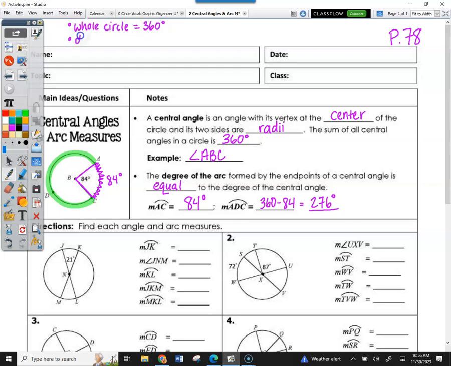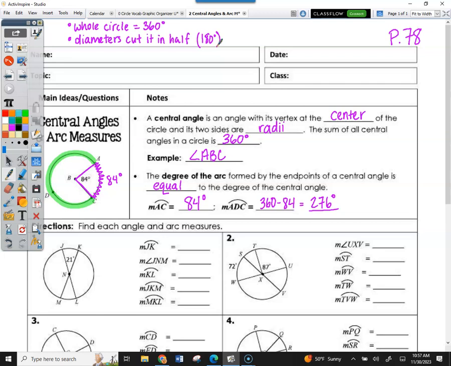Number 2, diameters cut it in half. What number is associated with cutting 360 in half? 180. And then the third thing you need to keep in the back of your mind is central angles equal their arcs, which we just did here. So those are the 3 things you're going to use to solve this sheet.